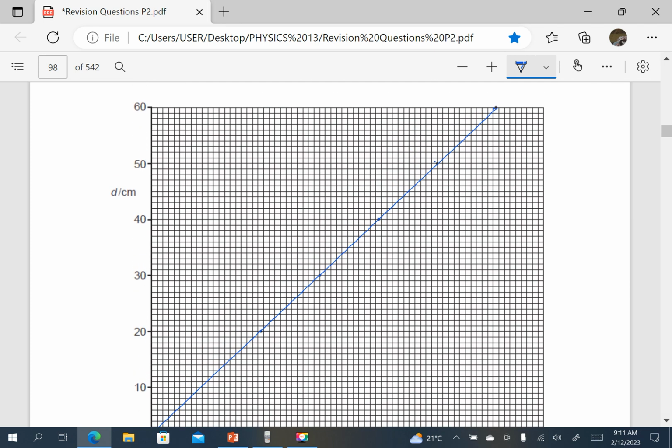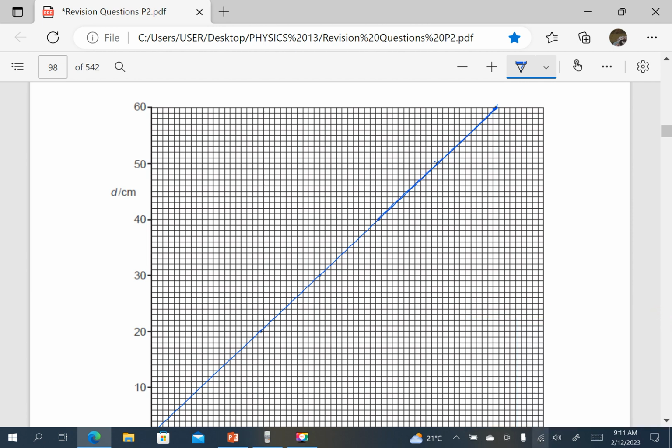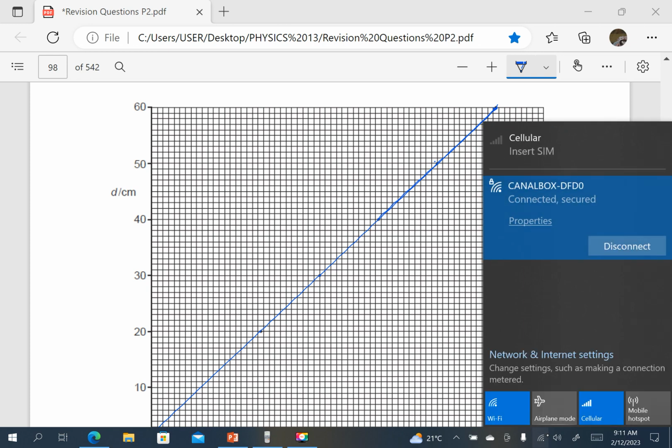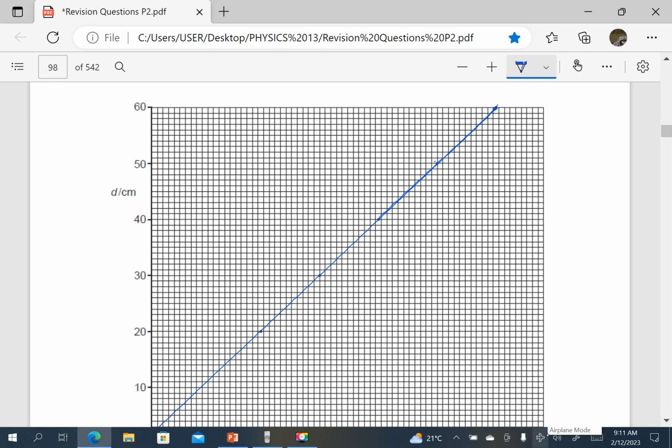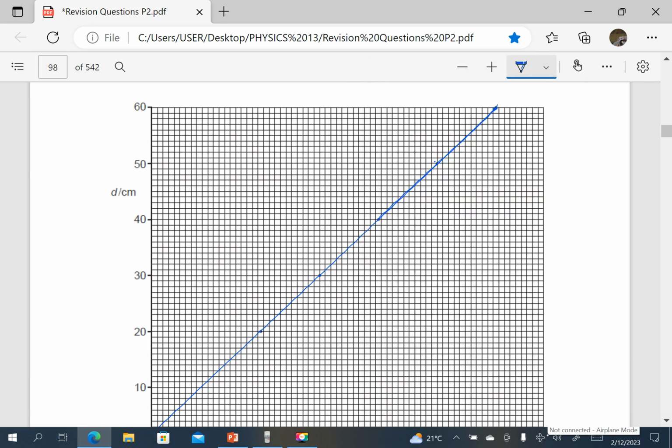You can draw a better line of best fit, but this line, I think it can go through all the points very accurately. You can draw a better line of best fit than mine. Mine is not very easy because it is by computer, but I can try.